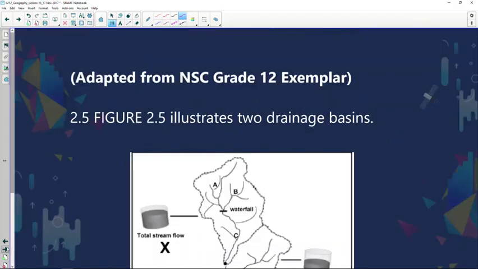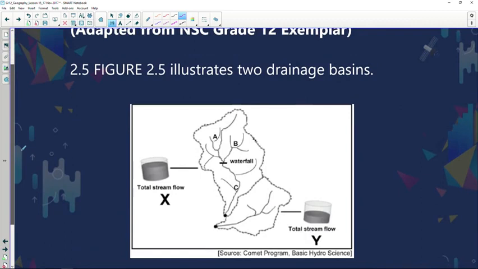Our next question, what do we have here? It illustrates 2 drainage basins. Now there's drainage basin X and drainage basin Y. Now let's just quickly look at some clues that this diagram actually provides us with.